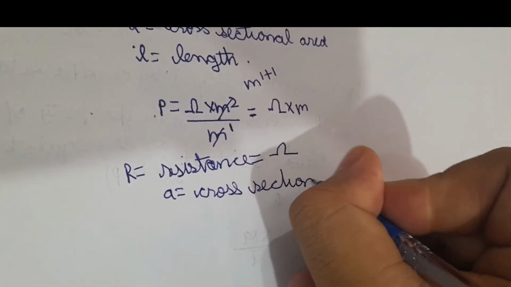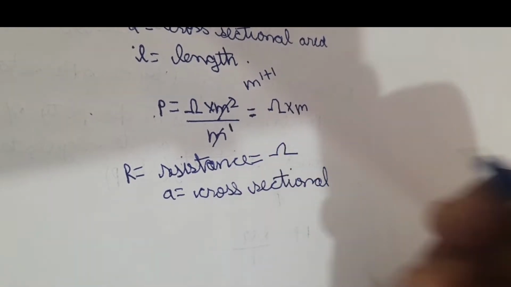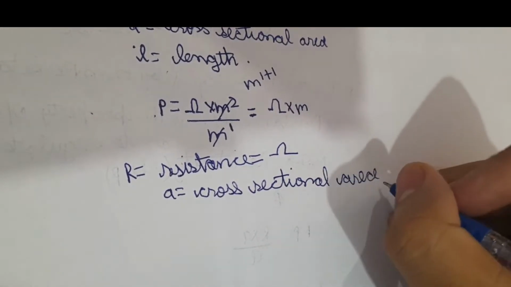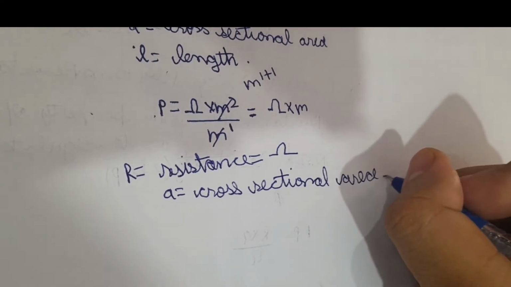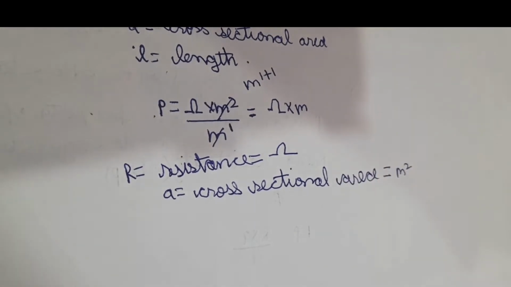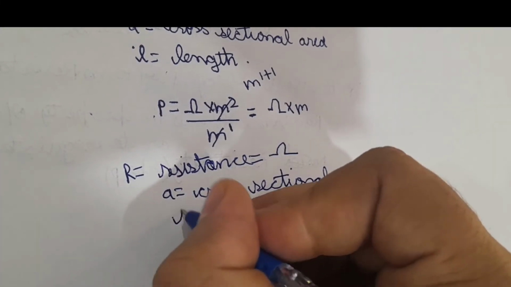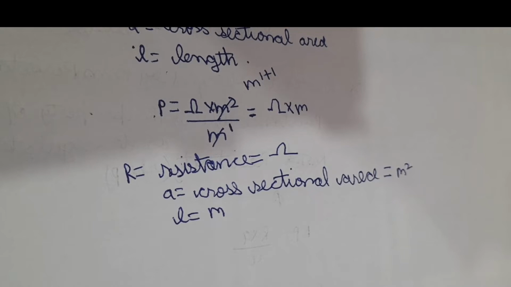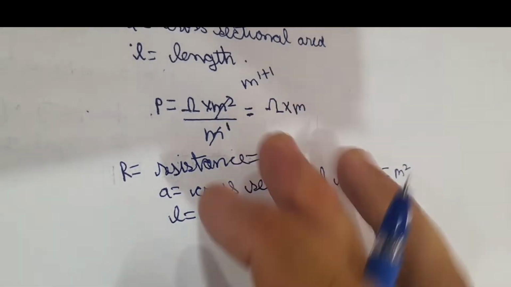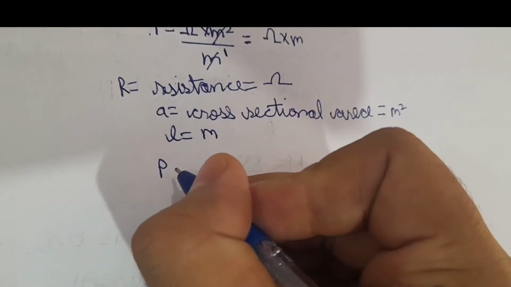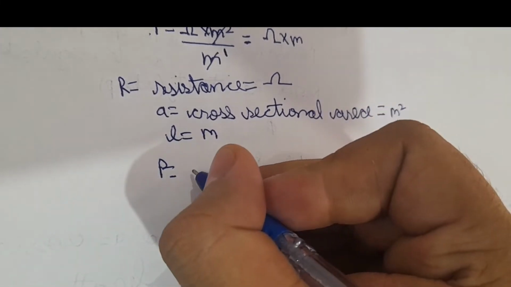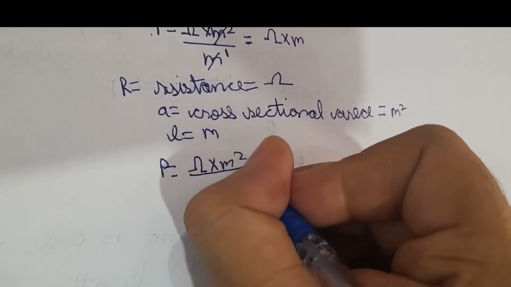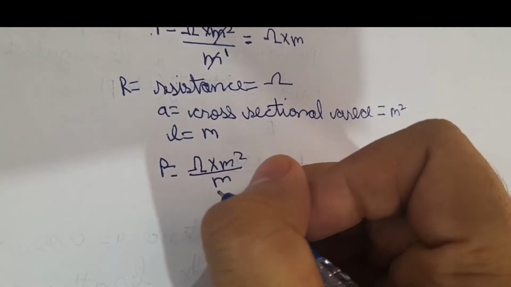The unit of cross sectional area is meter square. For length we take meter. So the formula will be resistivity is equal to ohm into meter square upon meter, or upon length you can say.